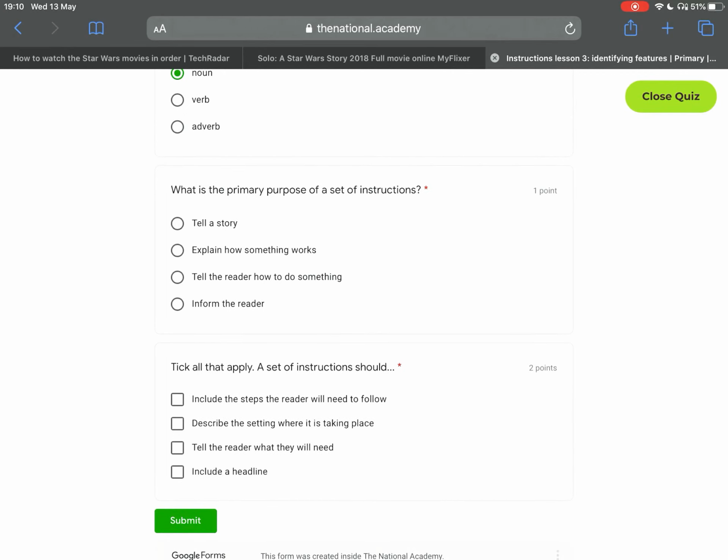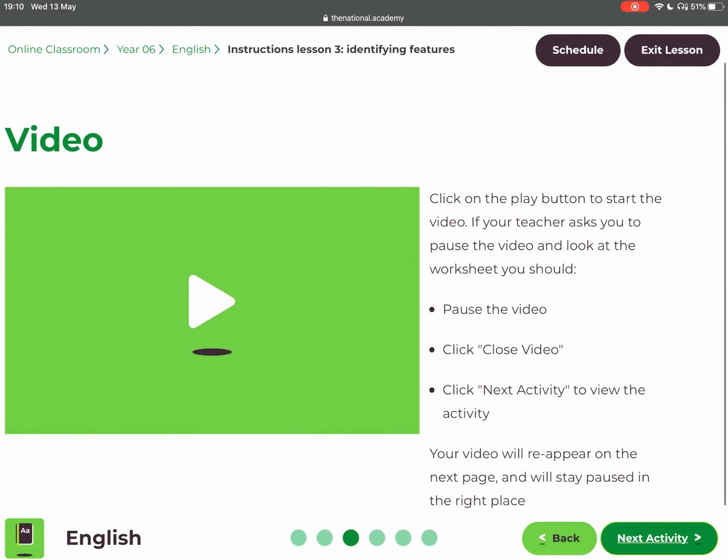What is the primary purpose of a set of instructions? That's to tell the reader how to do something. To apply, a set of instructions should include the steps the reader will need to follow and tell the reader what they will need. After that, you'll have your video with Mr. Fozzard.